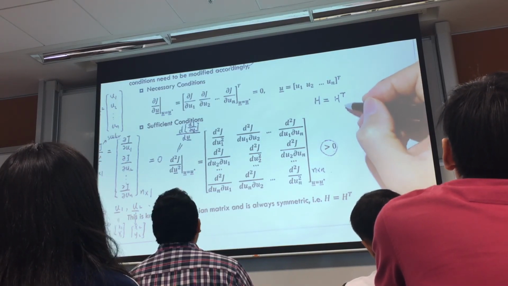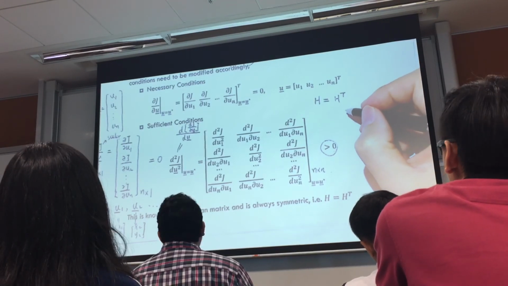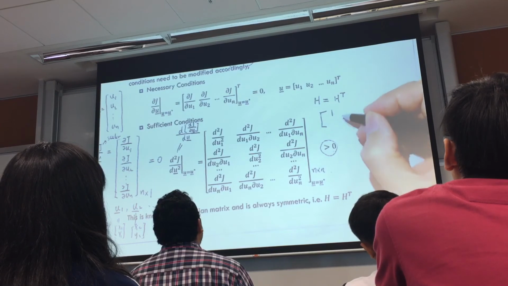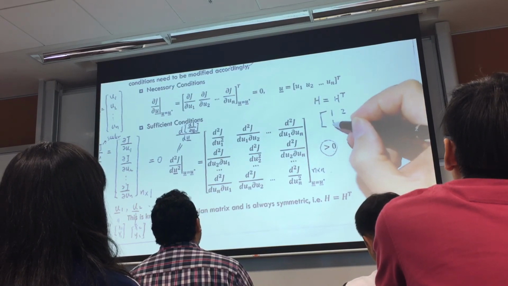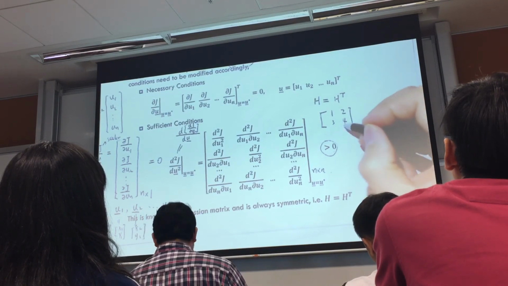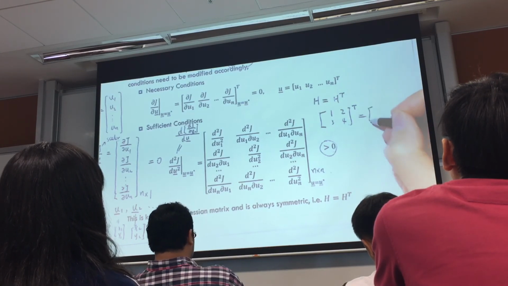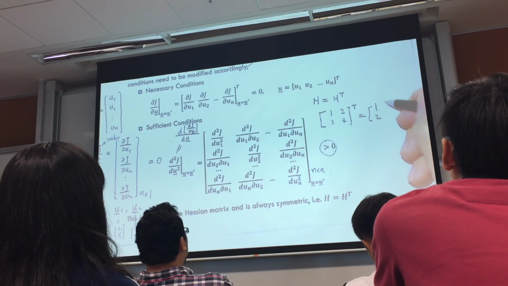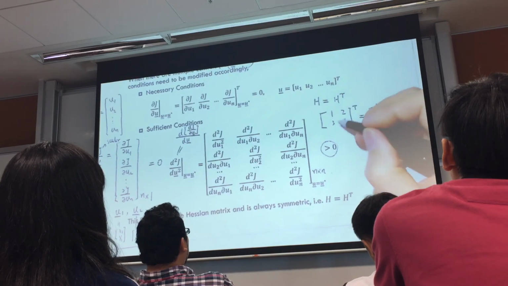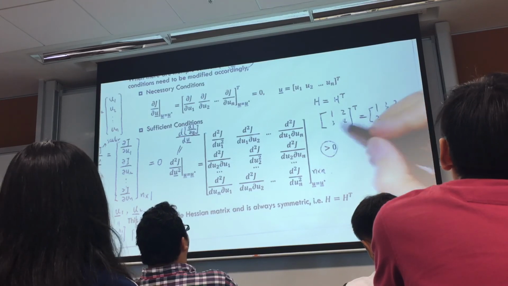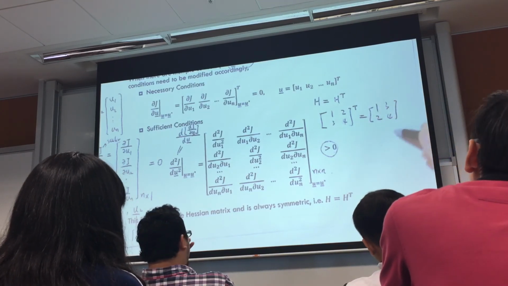For the transpose, I think you should be quite familiar. It's quite simple. For example, if we have a matrix 1, 2, 3, 4 like this and we calculate the transpose, we just change the order of the components.